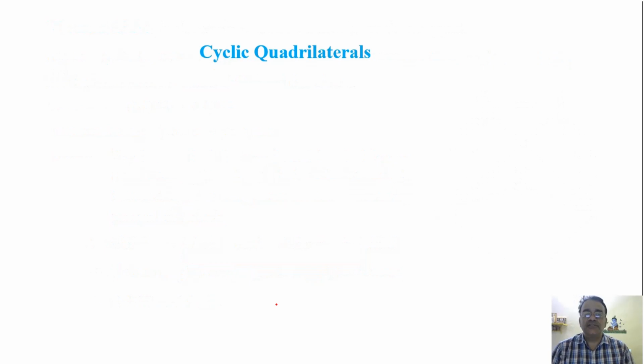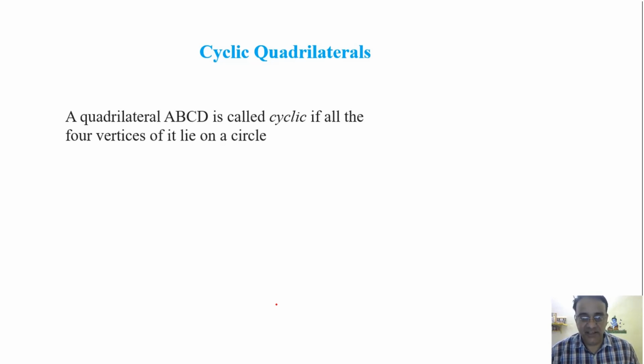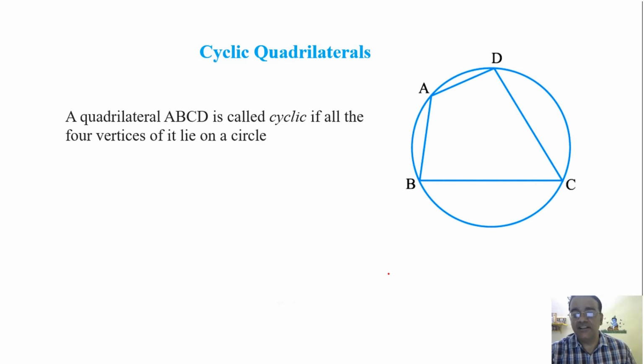Now let us move towards cyclic quadrilaterals. A quadrilateral whose all the vertices lie on the circle is called a cyclic quadrilateral. If all 4 vertices of a quadrilateral lie on a circle, we call it a cyclic quadrilateral. So here in this figure, ABCD is a cyclic quadrilateral because vertices A, B, C and D lie on the circle.